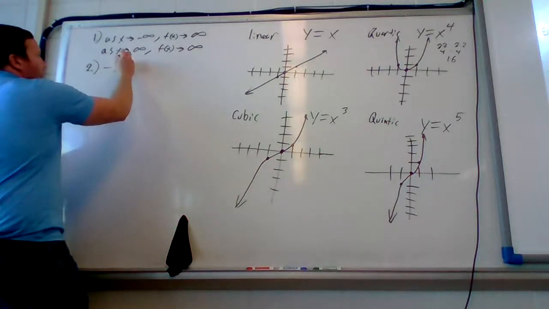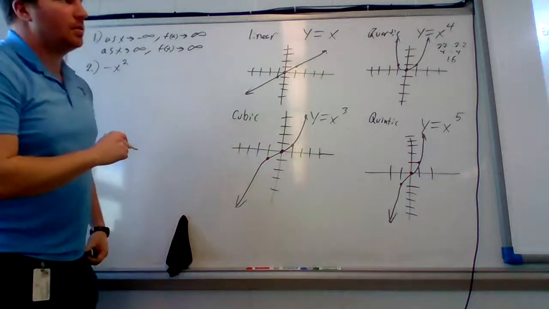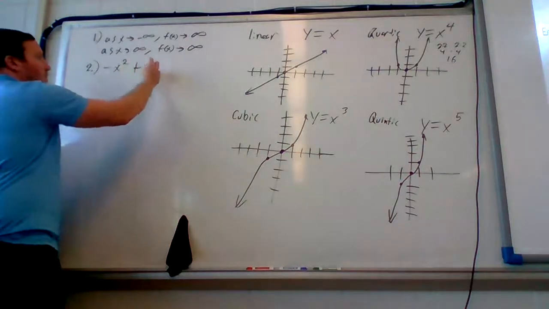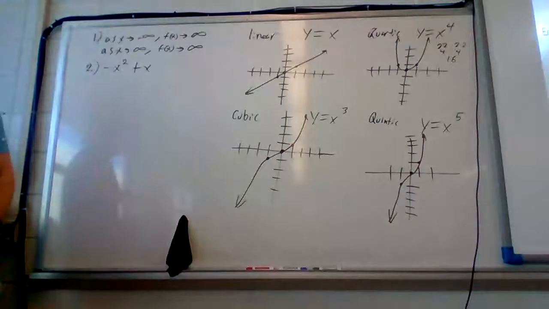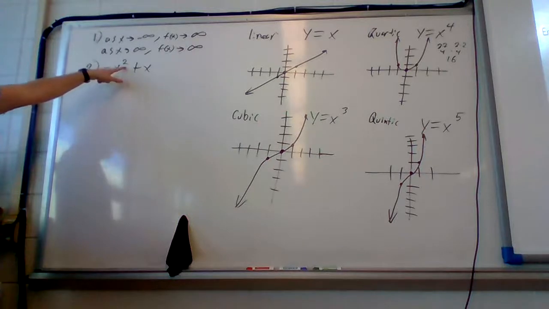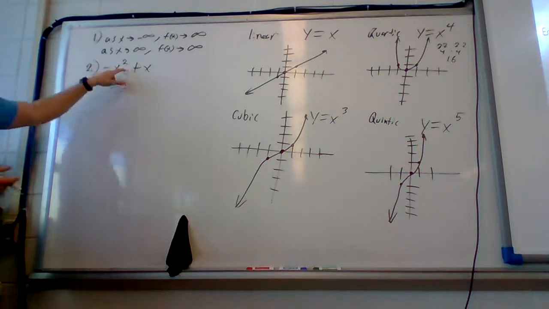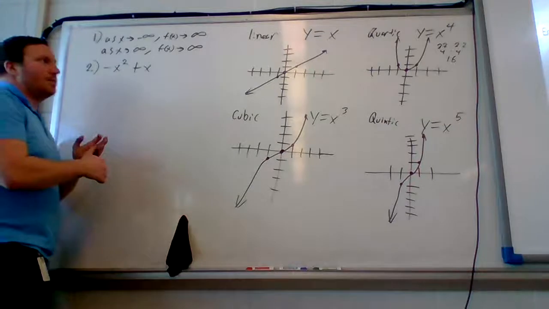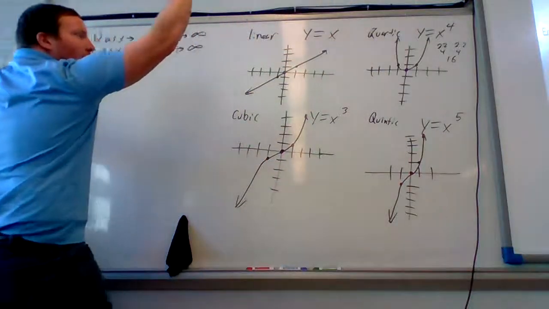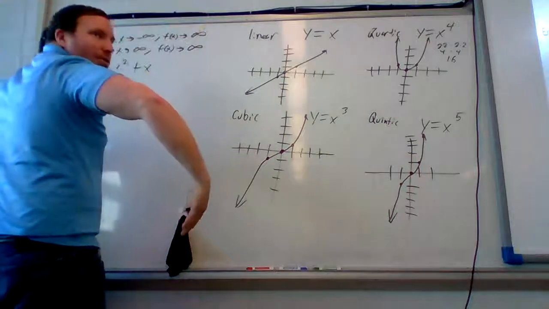If I look at number 2, I've got negative x squared plus x. What's our leading coefficient? Positive or negative? Negative. And its degree is even, right? It's 2. Well, if we're negative, that means we're going the opposite of our positive. So if our positive arms are always opening up, it means our negative arms are opening down, right?